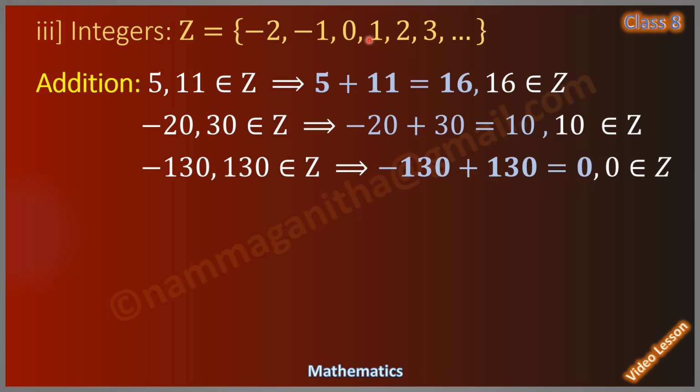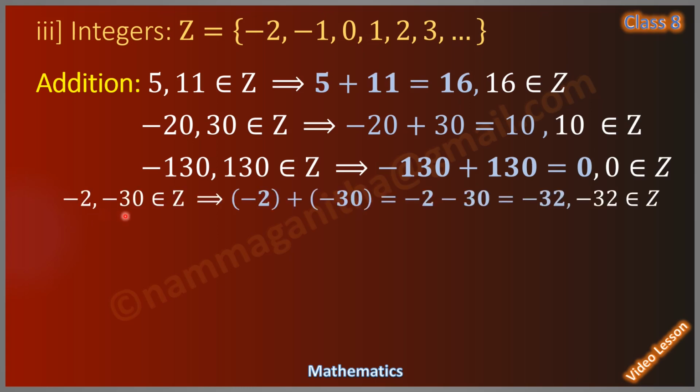0 belongs to Z. Minus 2 and minus 30 belong to Z. That implies minus 2 plus minus 30 is equal to minus 2 minus 30, since plus into minus is minus.